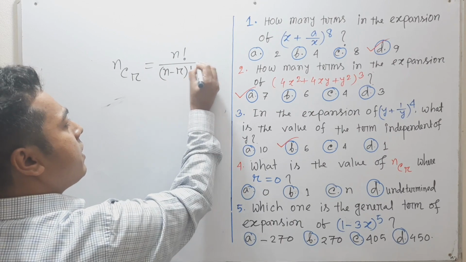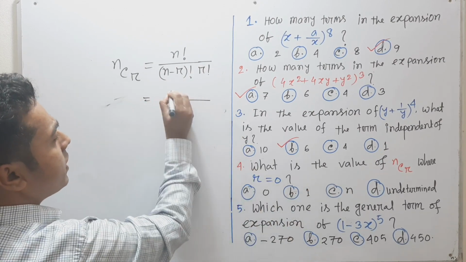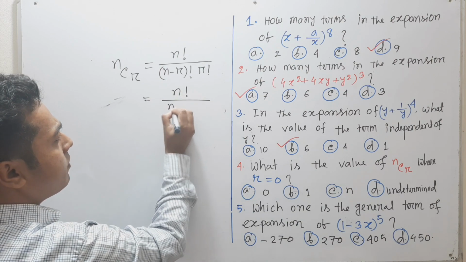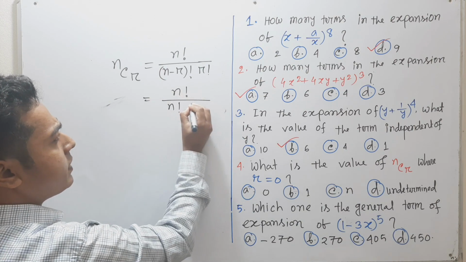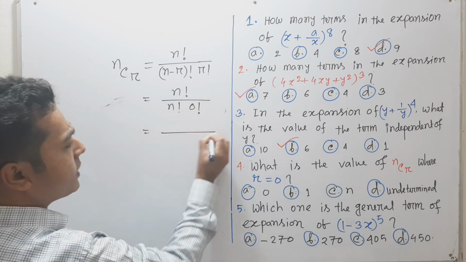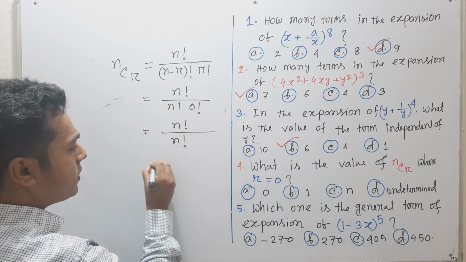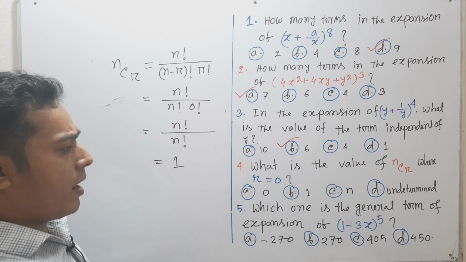Here r is equal to 0, so n factorial, (n minus 0) factorial means n factorial, and r is equal to 0, 0 factorial. We know that 0 factorial is equal to 1, so n factorial divided by n factorial is equal to 1. So our answer, option B, is the right answer.